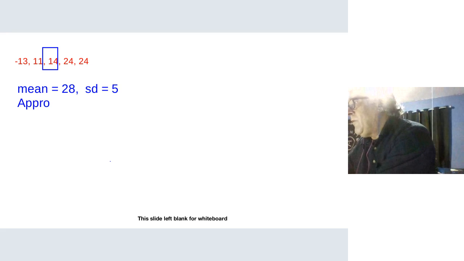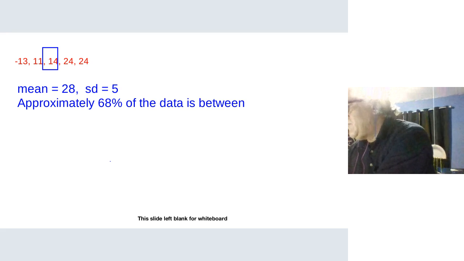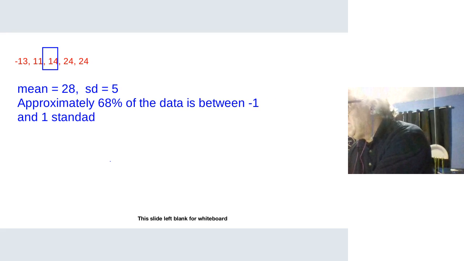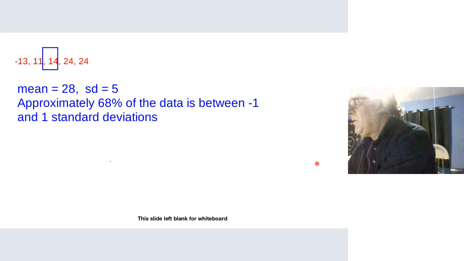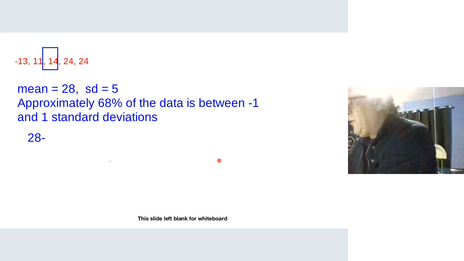So we can say, okay, 1 standard deviation is just 5, so that's going to be 28 minus 5, and 28 plus 5.